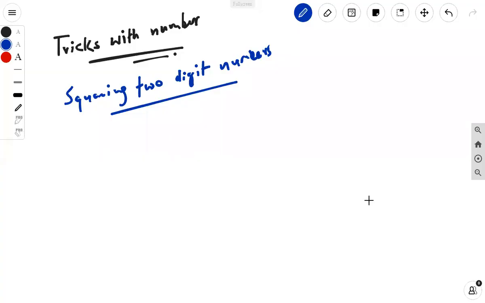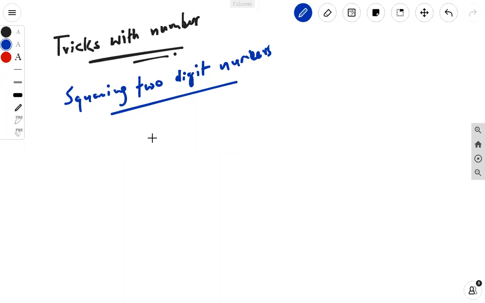Here we come to squaring two-digit numbers. I will take two examples, and by solving these two examples, I will teach you how to find the square of two-digit numbers in a very swift and very fast method.